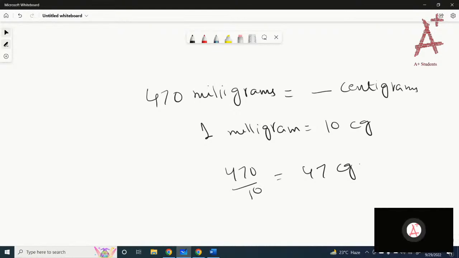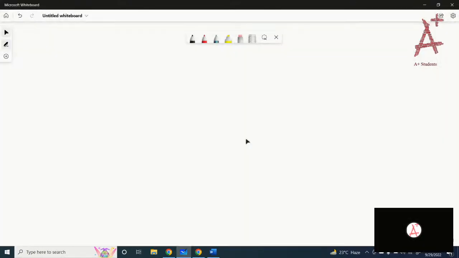The next one is 400 centiliters equals how many liters?